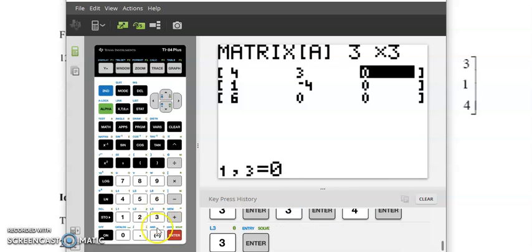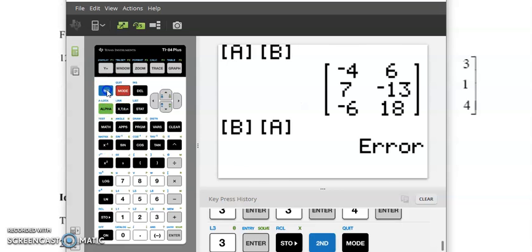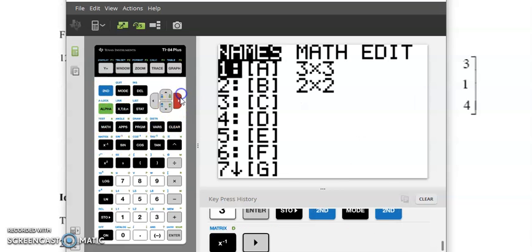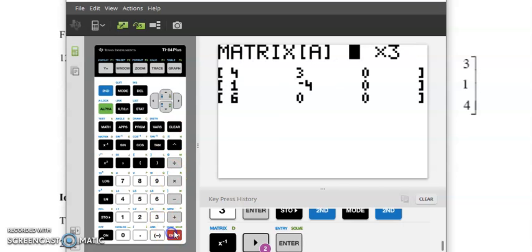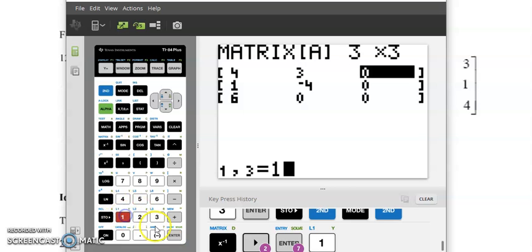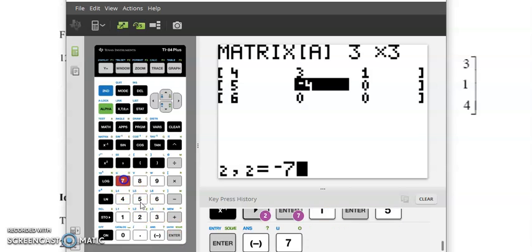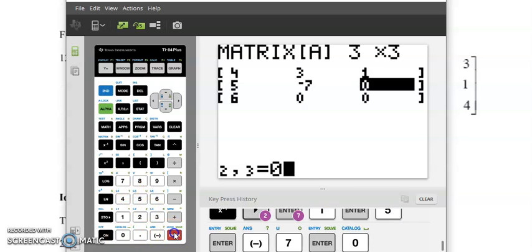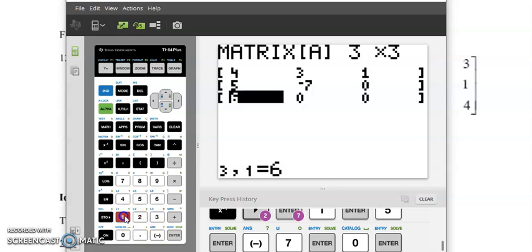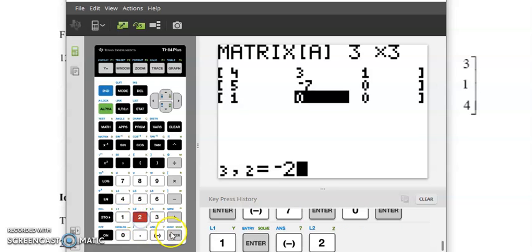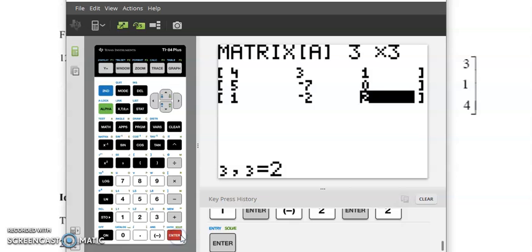So 4, 3, oops, didn't want that. Let's go back to my matrix, editing the second one. I have a 4, 3, and I need a 1. And then I have a 5, a -7, and a 0. And I have a 1, a -2, and a 2.